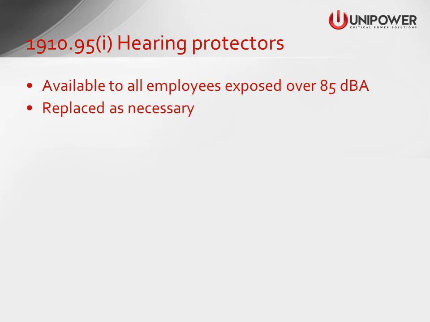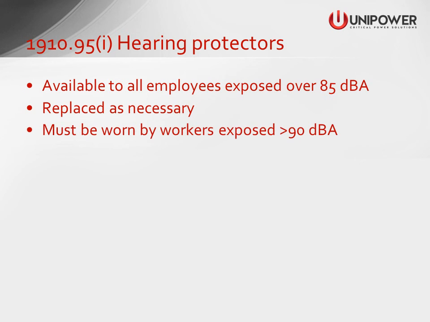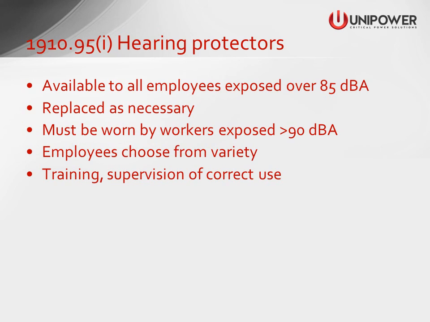Replacements must be available to all employees and be changed as necessity warrants. All employees exposed to noises higher than 90 decibels must wear hearing protection. Employees have a variety of devices to choose from. Training in the correct use of hearing protection and the supervision of such correct use must be made by the supervisor, and the hearing protection must fit properly.